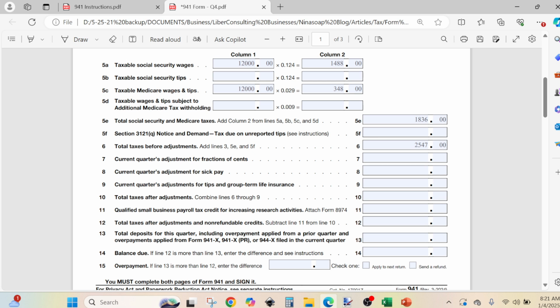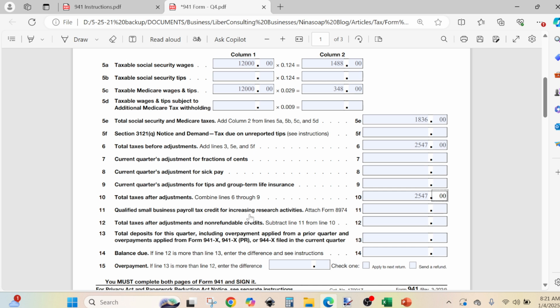Line 10, total tax after adjustment, is line 6 plus all the lines all the way to line 9, and we are going to have 2547 in this example. Line 11, qualified small business payroll tax credit for increasing research activities. In this example, we are going to leave it blank.